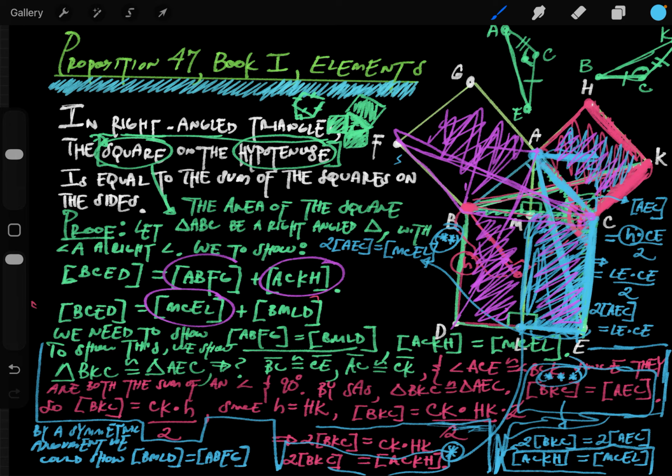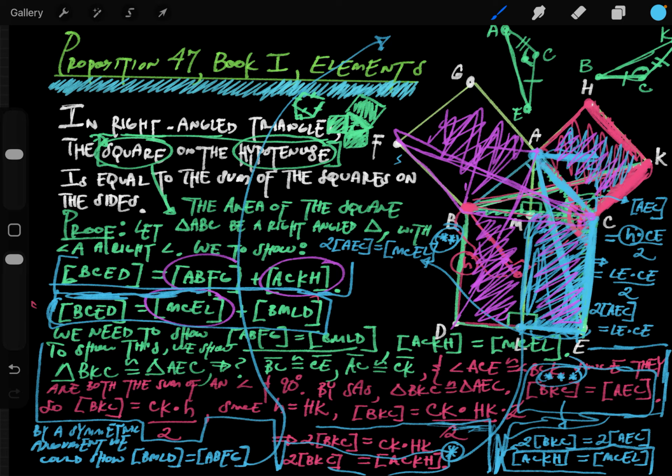Once I've shown that, I'm done, because now I can say, clearly from this original statement, this is what we need to show. I start by making this initial statement. This initial statement, MCEL, I just showed, is equal to ACKH.